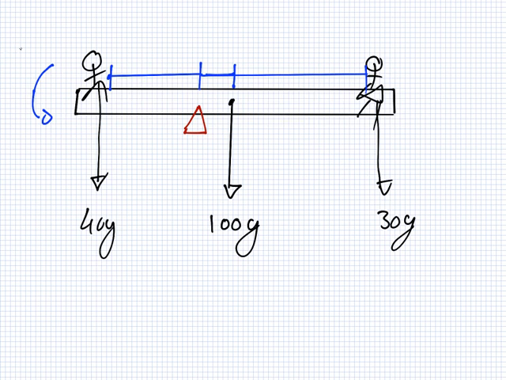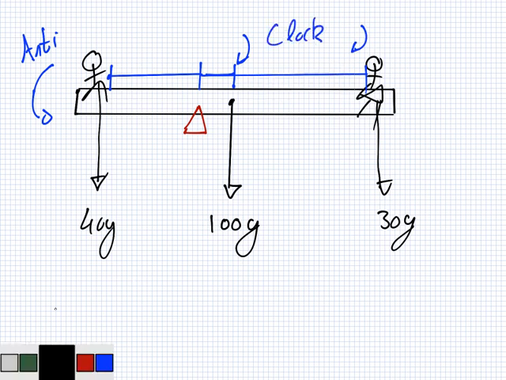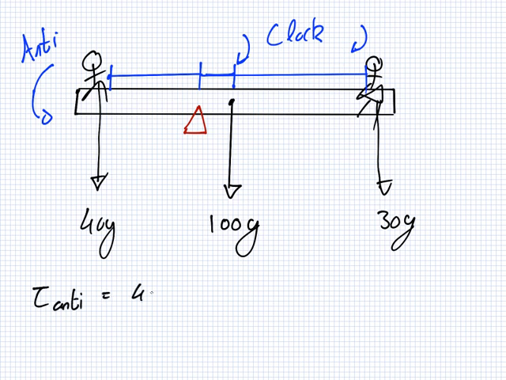So you have one force turning it anti-clockwise, but you have these two turning it clockwise. So let's calculate the total turning force anti-clockwise. That would be 40g, and we don't know this distance, we'll call it x.